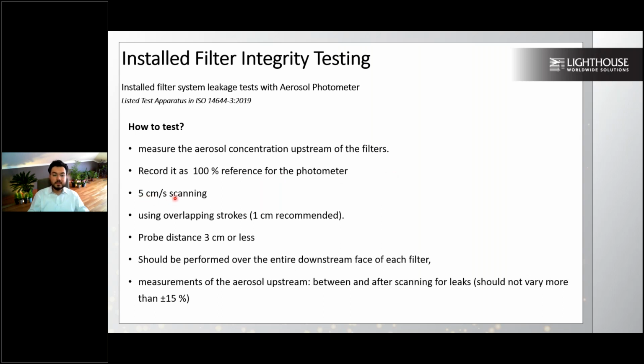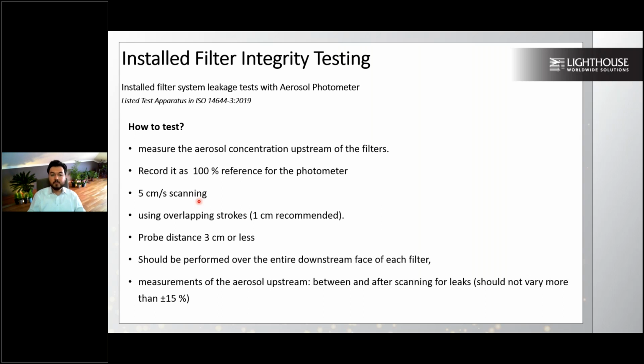You will scan your filter at 5 centimeters per second and make sure that you're not exceeding this number. And you have to make overlapping strokes. I have an example later on. I have a graphic which describes how we will do the testing. And this 1 centimeter overlap will be important because maybe your leakage will fit in between your scanning points. That's why overlapping strokes is important.